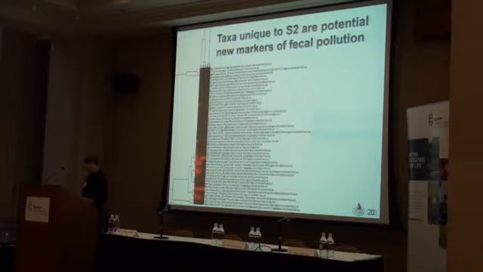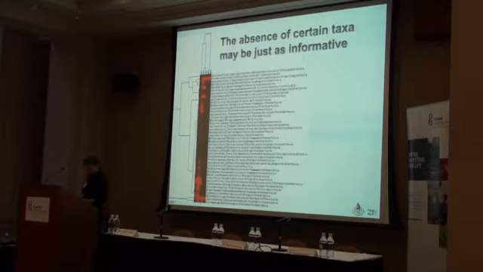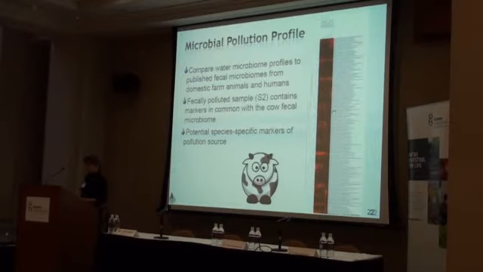Also, one point I'm really interested in is that these taxa that are unique to S2 are potential new markers of fecal pollution, but perhaps more interesting is that the absence of certain taxa may be just as informative, and there may actually be markers of clean water that we can use.